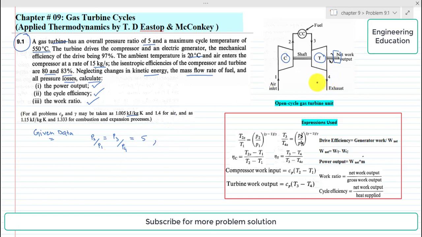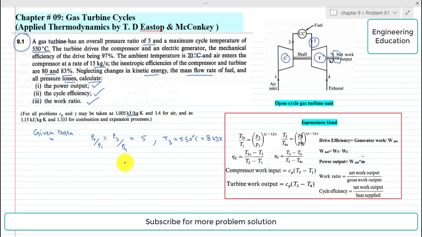Maximum cycle temperature is T3, so T3 is equal to 550 degrees centigrade, and if we convert it to Kelvin it will become 823 Kelvin.